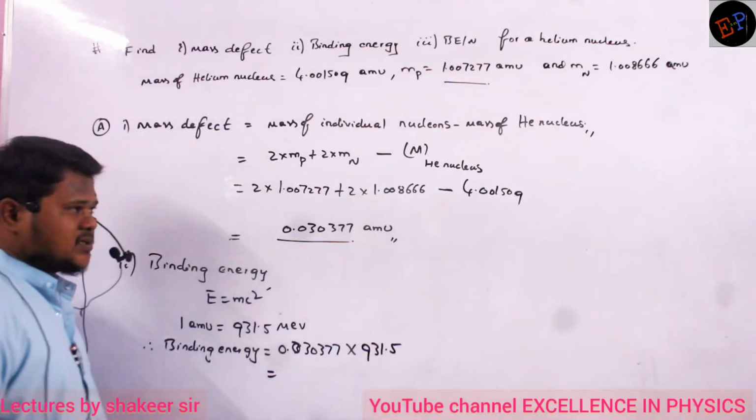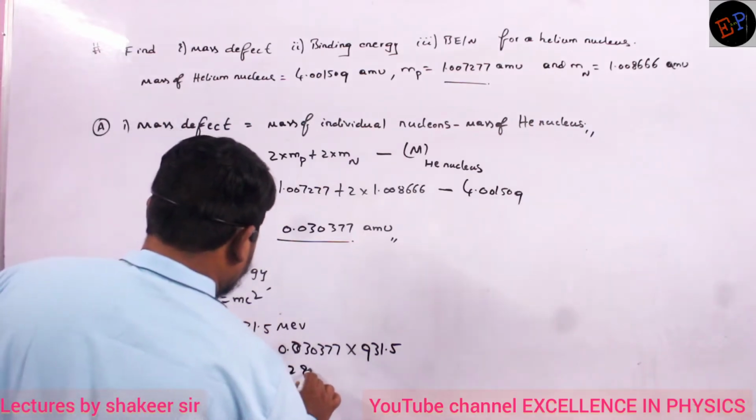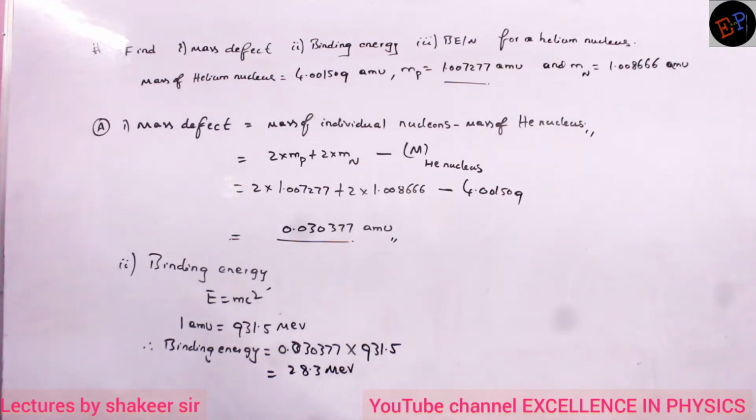If you do this calculation, I will get the binding energy. The answer is 28.3 million electron volts of binding energy released. Are you able to understand?